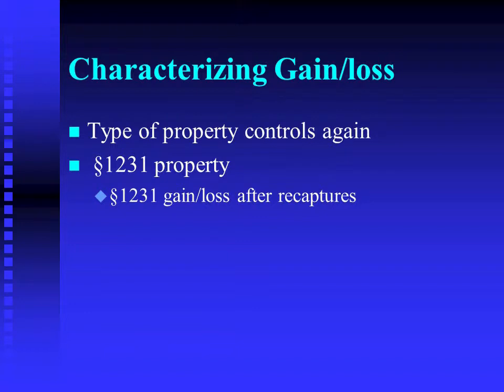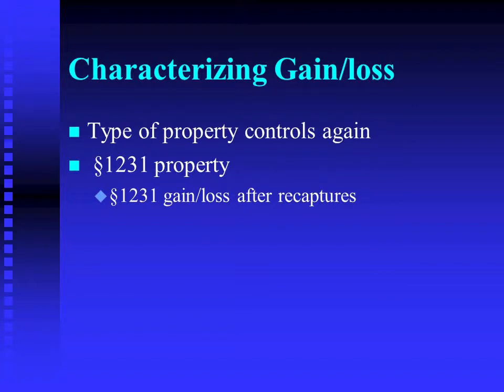Remember, depreciable property and land used in a trade or business or rental is never a capital asset. If you own that property a year or less, it's ordinary income property. If you own it for more than a year, it becomes this 1231 property that's going to be the focus of the bulk of what's left here. So a 1231 property will generate a 1231 gain or loss after these things called recaptures.